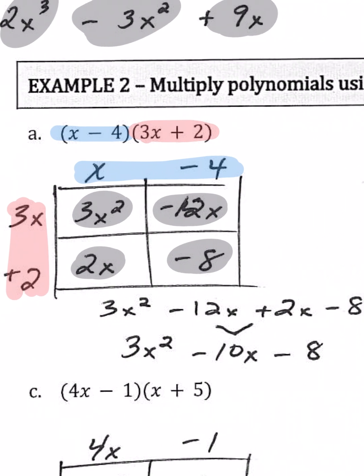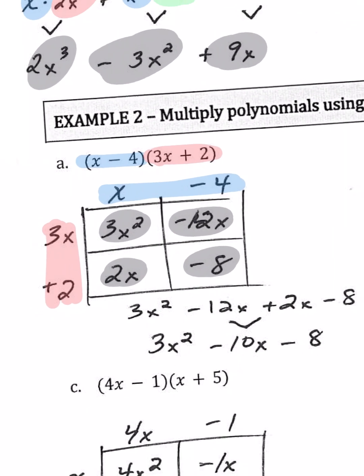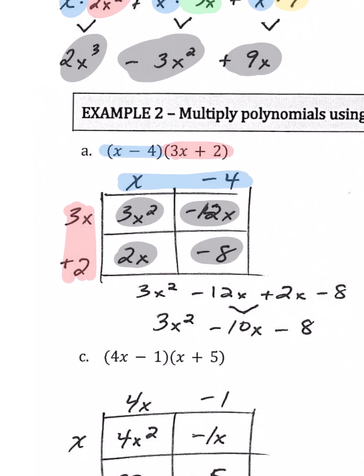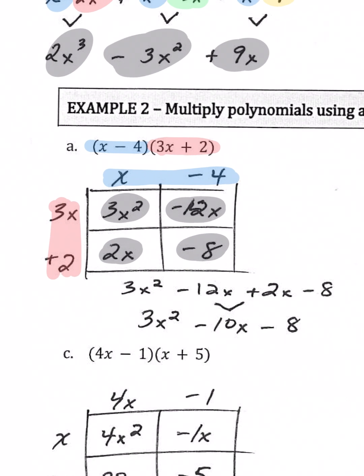Now what we need to do is take that result and make sure we combine all like terms. I'm talking about this negative 12x and this positive 2x. They both are x terms, so we can combine those. Negative 12 and 2 would make negative 10. The terms on the outside just get copied.